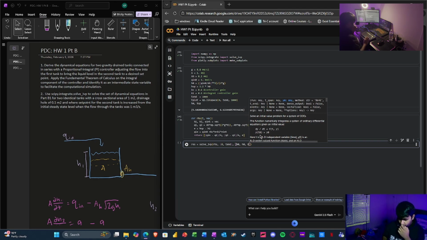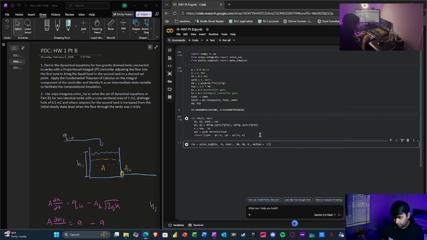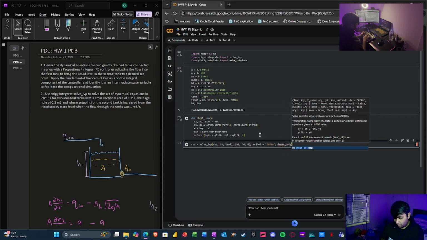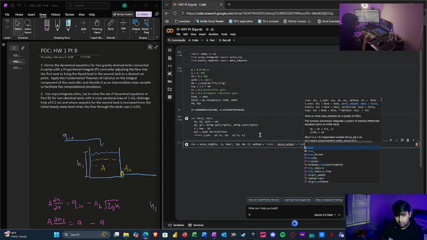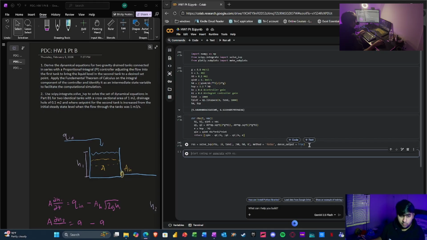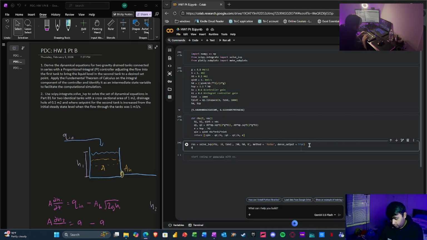H naught, and then 0, and then our method will be Radau, and then we'll have our dense output as true. Oh, and it works, so we were correct. And we will set our H1 plot, H2 plot, and our error integral as res.sol of t plot, and this will just help us plot it out essentially.